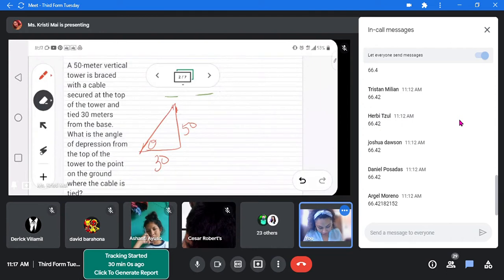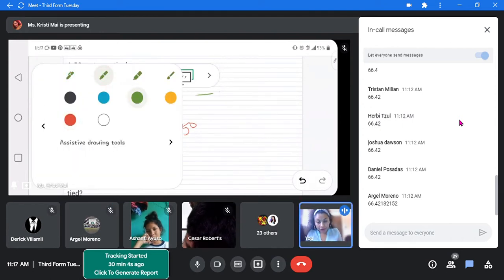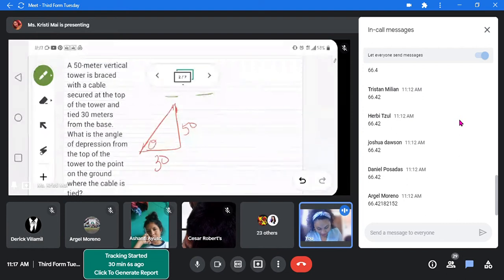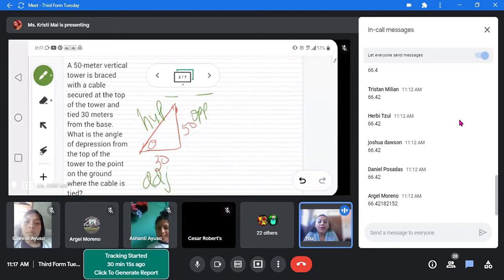So now let me erase what I have here. Okay. Now I'm going to label the triangle with what I have here. This is going to be hypotenuse. This is going to be opposite, and this is going to be adjacent. And the only one that has opposite and adjacent is tangent. So I'm going to use tangent. Very good.